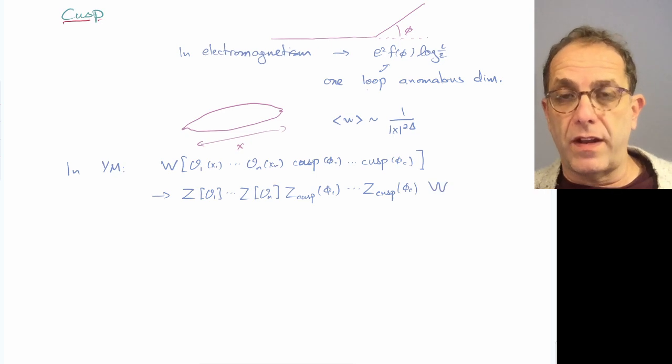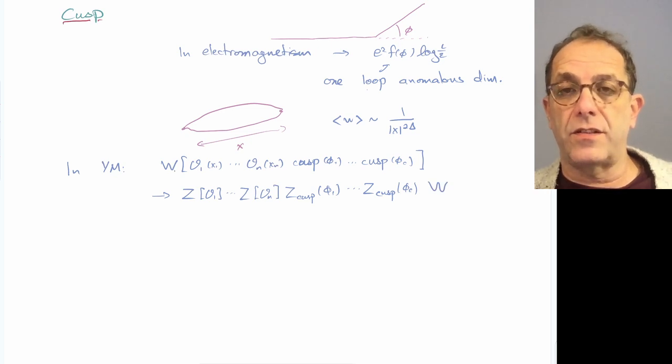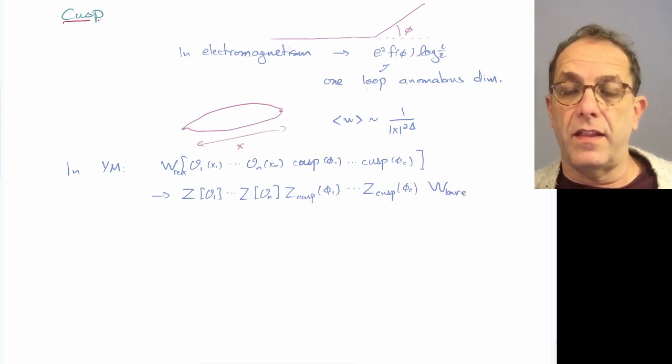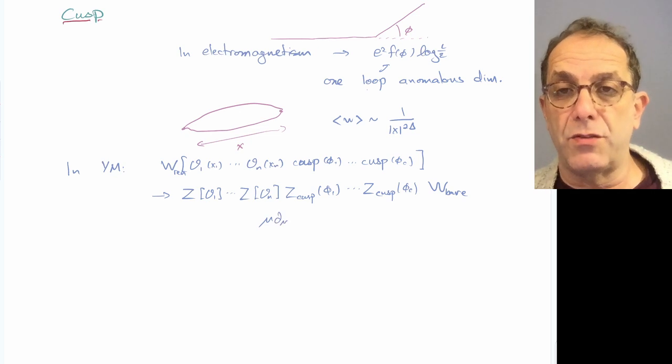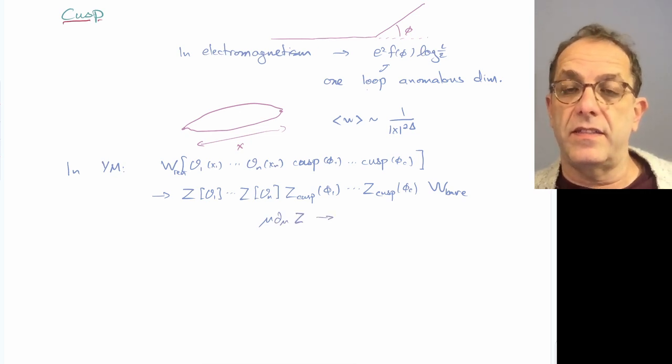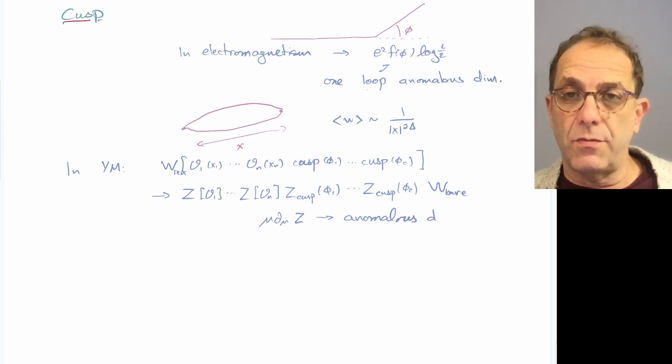Therefore you write this product of these Z factors multiplying the Wilson loop, and then it can be renormalized properly with the dependence on the scale absorbed in these Z factors. So this is the way you will get the Wilson loop above, and that will depend on the distance.